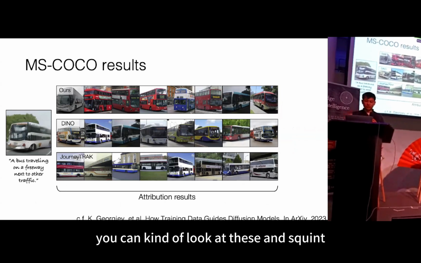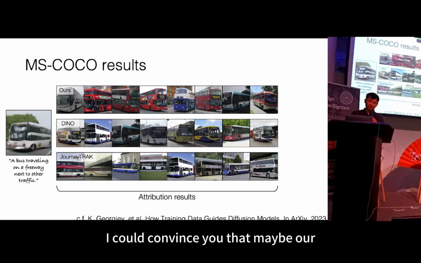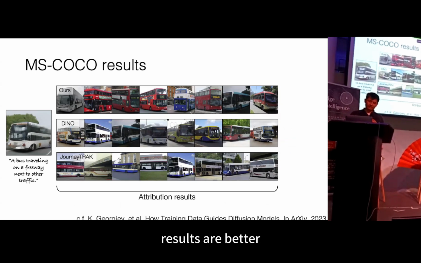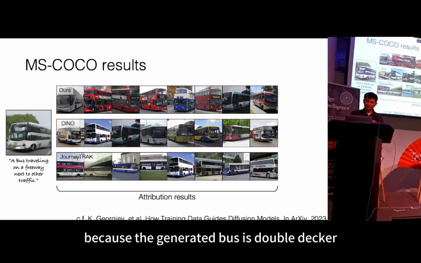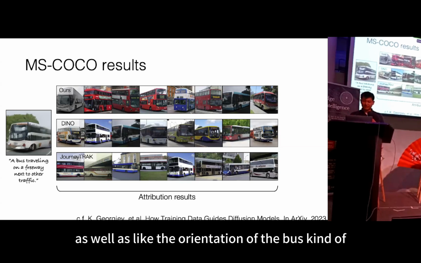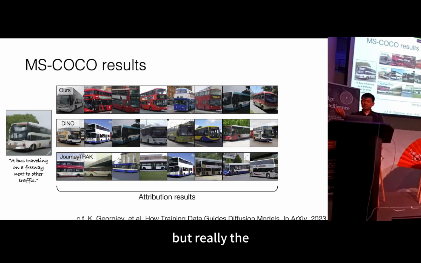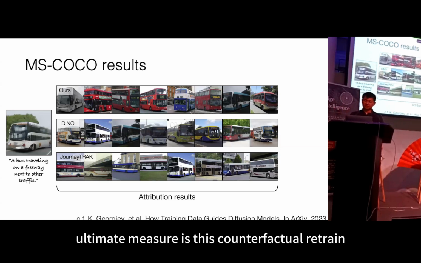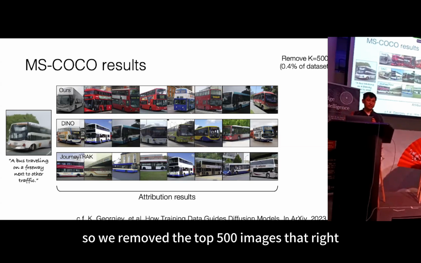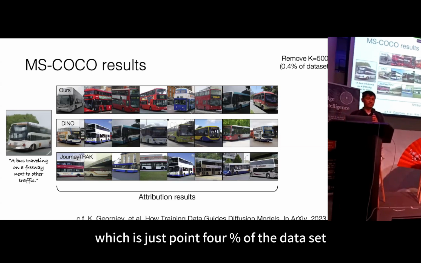You can look at these and squint. I could convince you that maybe our results are better because the generated bus is double-decker, and the orientation of the bus matches better if you take into account flips. But really the ultimate measure is this counterfactual retraining. So we removed the top 500 images, which is just 0.4% of the data set.